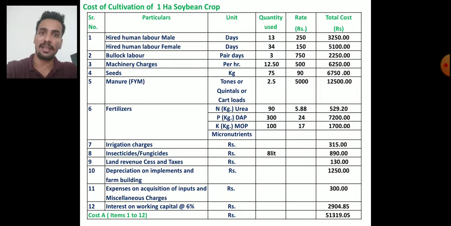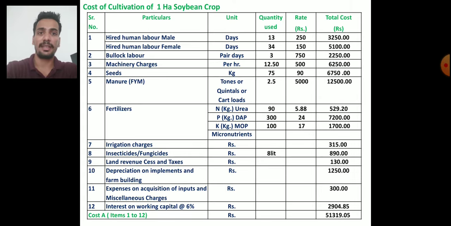Then irrigation charges. As I have said earlier, how to calculate irrigation charges? We have to take the electricity bill required to irrigate that particular area 2 times, 3 times or 4 times in that particular growing season, and calculate the irrigation charges accordingly. I have taken irrigation charges as 315 rupees.